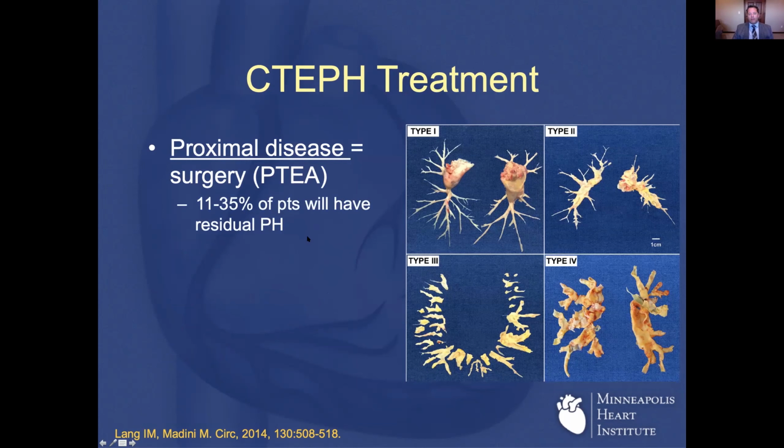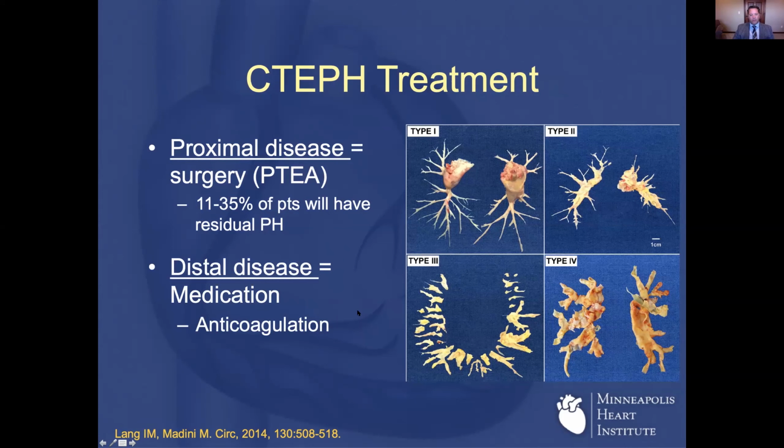However, about 11 to 35% of patients will have residual PH requiring medications or have symptoms despite the pulmonary thromboendarterectomy surgery. And those patients we often treat with medications. In distal disease, usually there's medications that we use, especially anticoagulation in both categories, but also pulmonary hypertension directed medications specifically to address the elevated pressure.